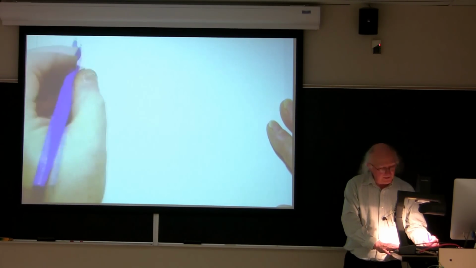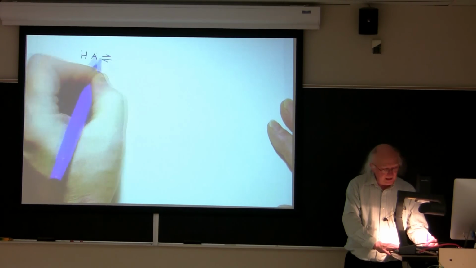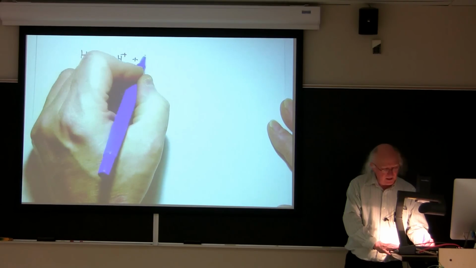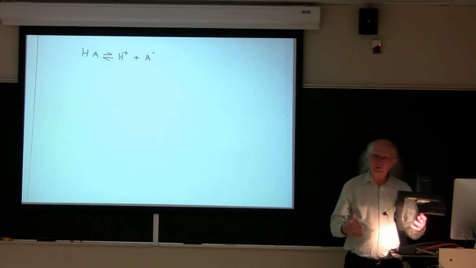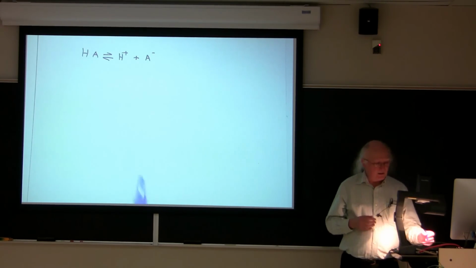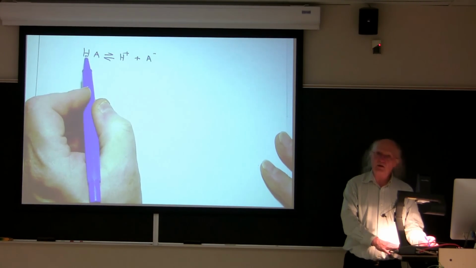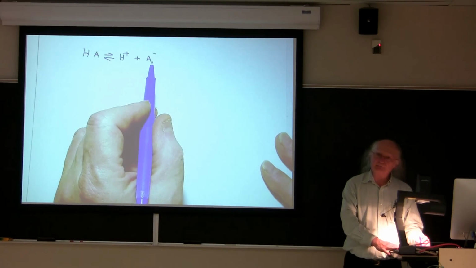First, I'd like to start with thinking about what's happening with the dissociation of a weak acid. A weak acid dissociates like this. And as I noted in class, a weak acid and salt differ only in whether or not they have a proton, the salt lacking 1 proton compared to the weak acid. Weak acids, of course, don't completely dissociate.